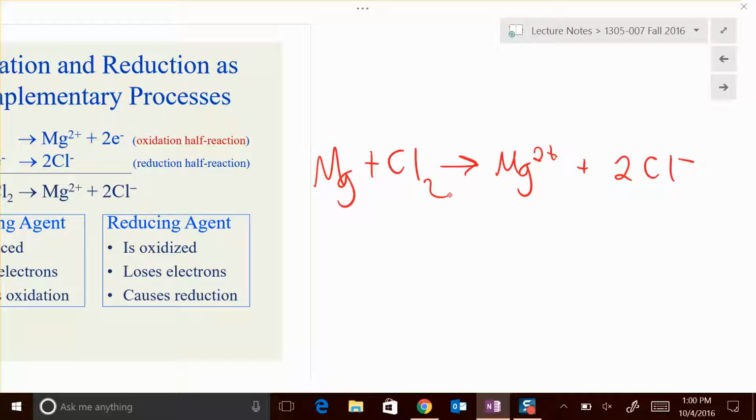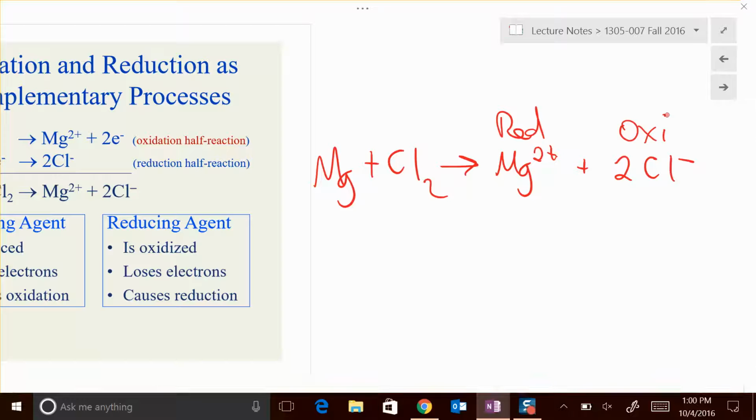What lost electrons? Magnesium lost electrons. Therefore, it was reduced. What gained electrons? Chlorine gained electrons. Therefore, it was oxidized.